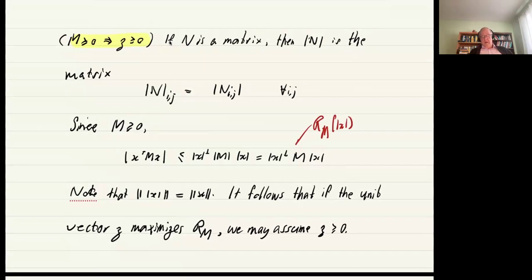And so if we find a vector which maximizes the Rayleigh quotient, we can arrange for its entries to be non-negative. Just replace them by the absolute value, and we'll add something. In fact, the vector you first found will have non-negative entries.